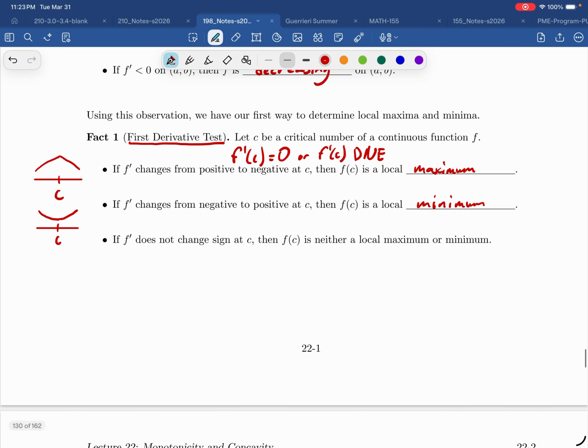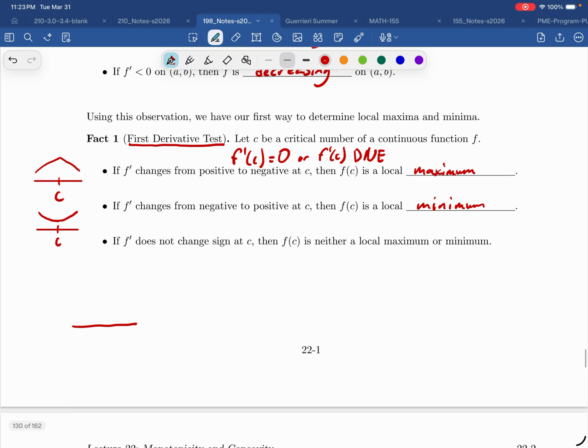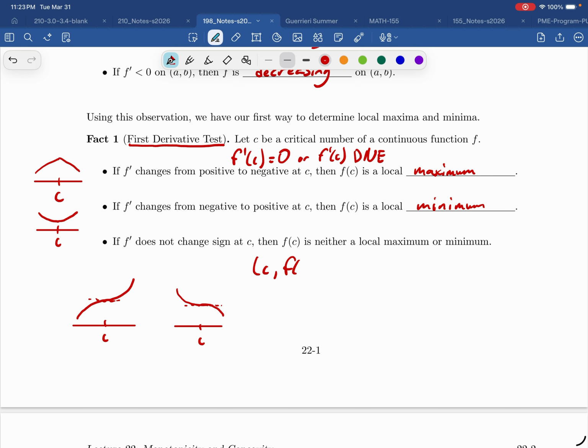And if f prime doesn't change, if we have something like this, where maybe we're increasing, and then our derivative is 0 right here, and we continue to increase, or maybe the opposite happens, we're decreasing, and then our derivative is 0 for a second, then we continue to decrease, with f prime of c equal to 0 right there, then we have neither, and f of c is a saddle point.